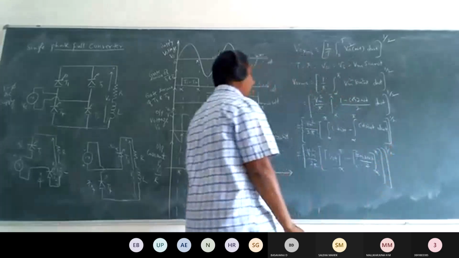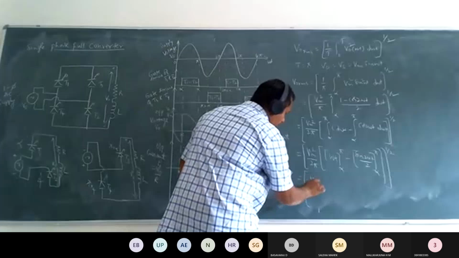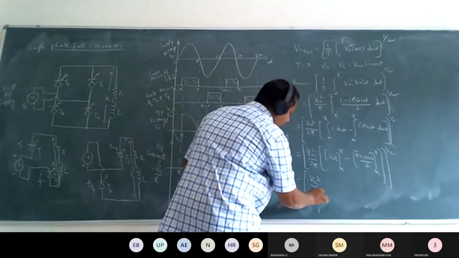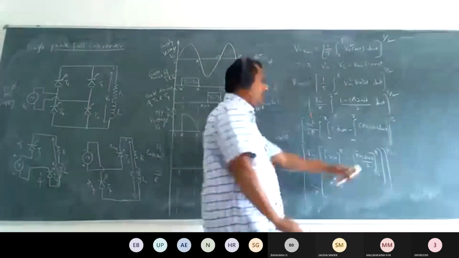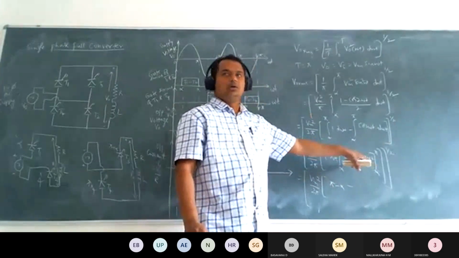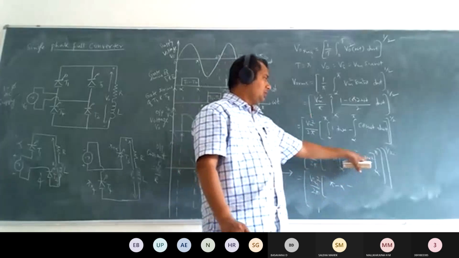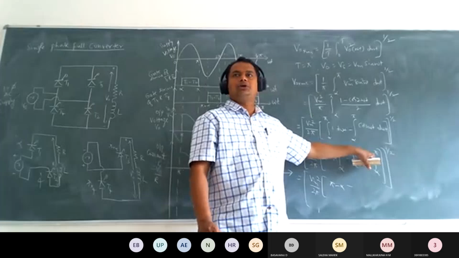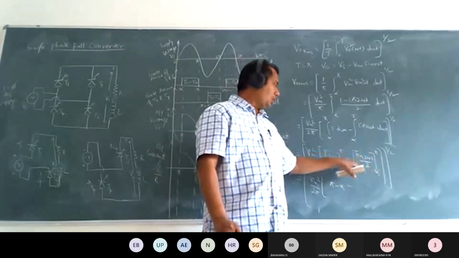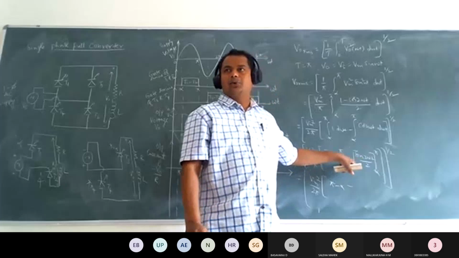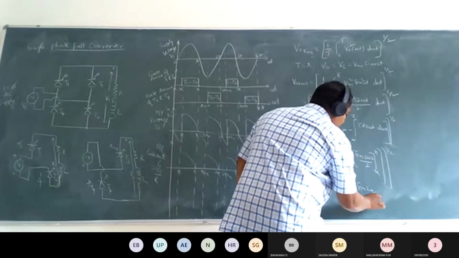Then this will be equal to Vm square divided by 2 pi into pi minus alpha minus, what is the value of sin 2 pi? Applying upper limit pi minus lower limit, pi minus alpha minus sin 2 pi. Sin 2 pi value is 0, minus of sin 2 alpha, minus into minus value, you will get plus sin 2 alpha divided by 2.